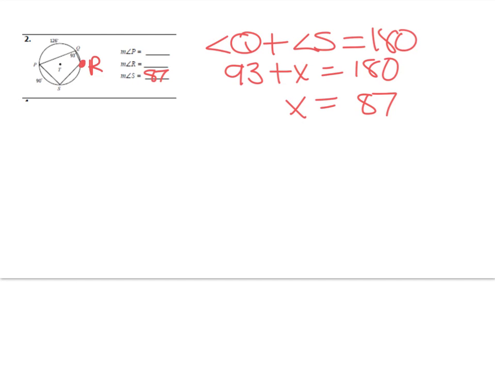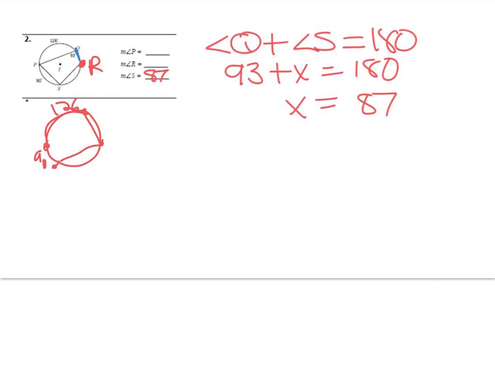But I don't have any information about P. As I trace this again, angle R is an inscribed angle, and it is part of the arc that is 126 plus 90. Let me use blue and show you what angle R is connected to.